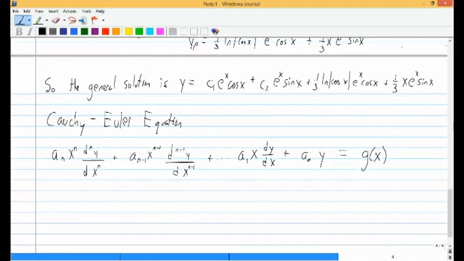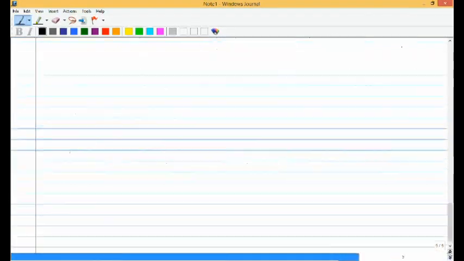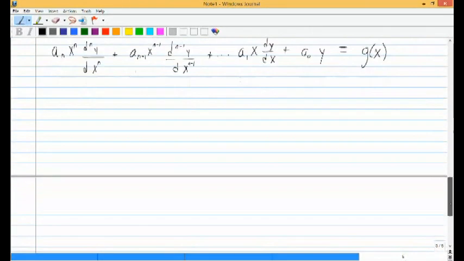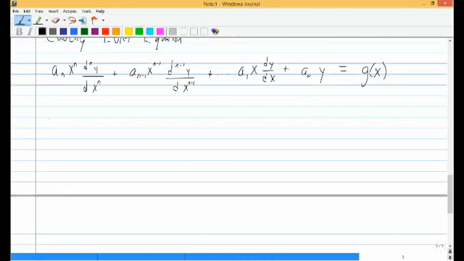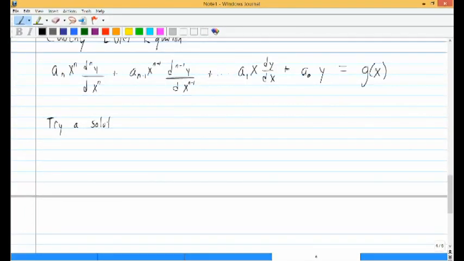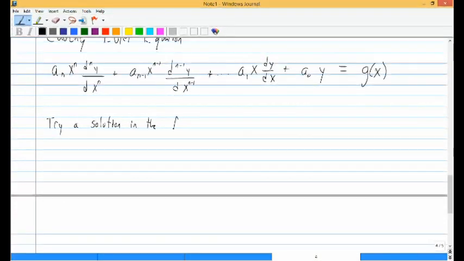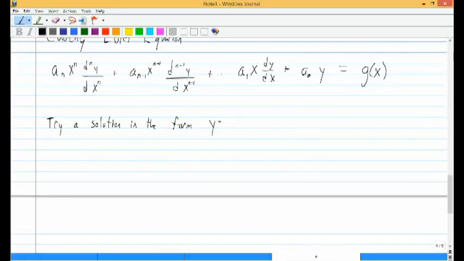Alright, so if we were to try a solution in the form y equals x to the m power, where m is what you're trying to find, remember, that was with our auxiliary equation.